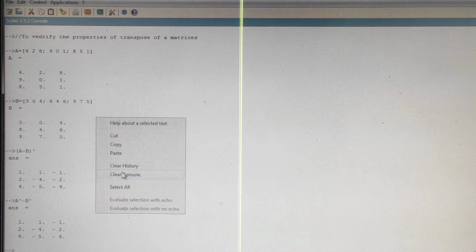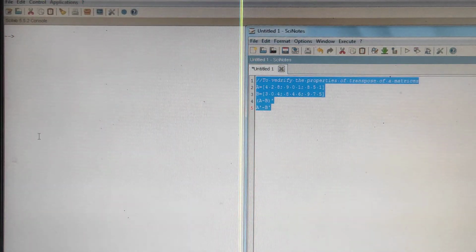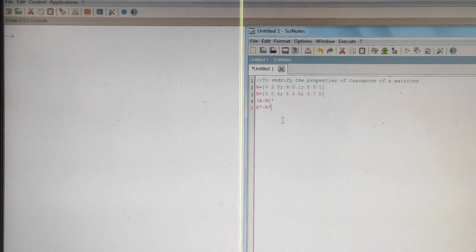Clear? Now the next property is the most important property, the reversal law.